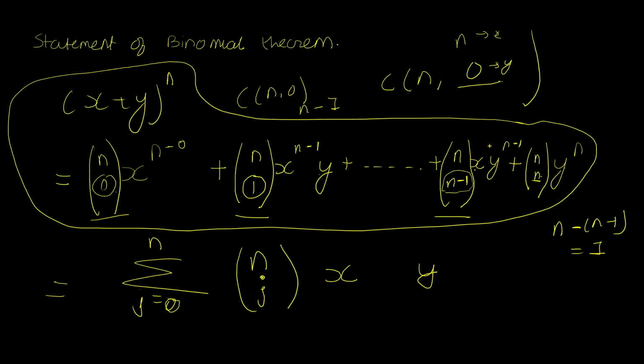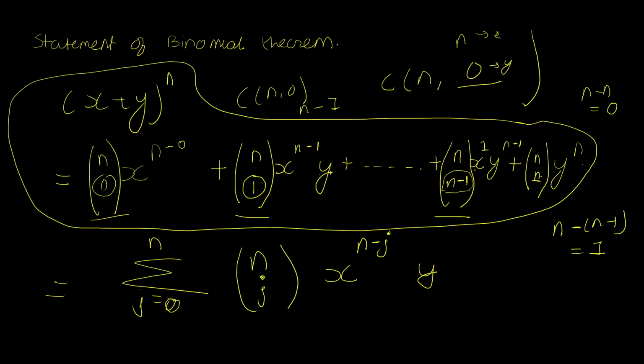And it works out. I have a power of 1 for x here. So whatever value I have here, n minus that value is the power of x. The same thing works for the last term as well. I have n here. Therefore, n minus n equals 0 is the power of x over here. Therefore, when I have any j, n minus j is going to be the power of x.